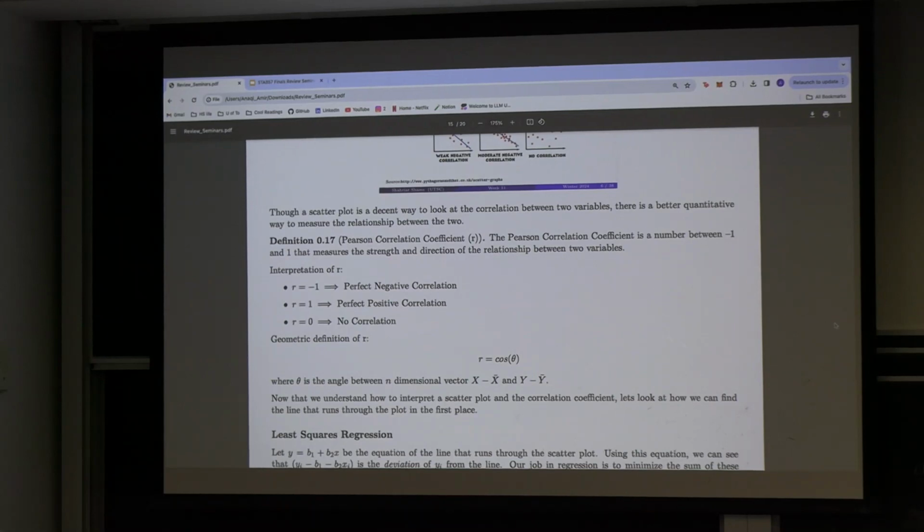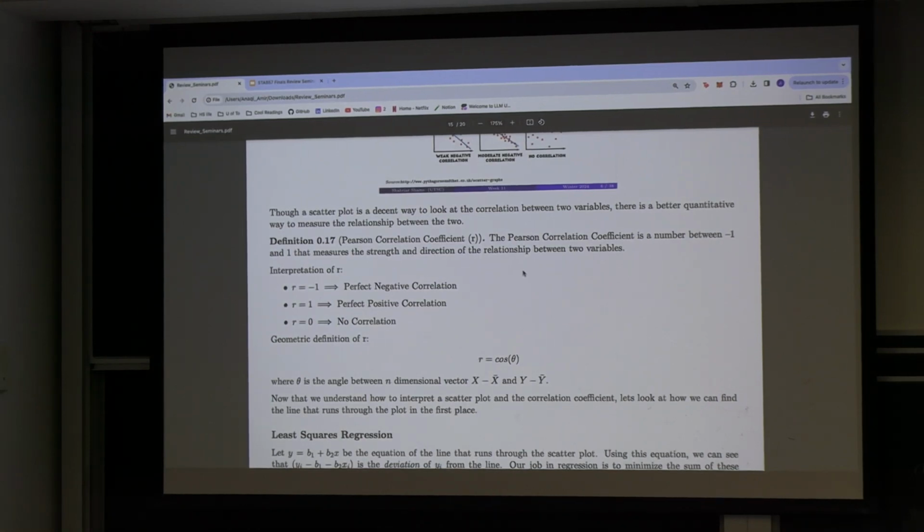Something you should know about correlation, though, is something called the Pearson correlation coefficient. We denote it as the letter R. So the correlation coefficient is a number between -1 and 1, and it basically measures the strength and direction of the relationship between the two variables. Anything negative is a negative correlation.